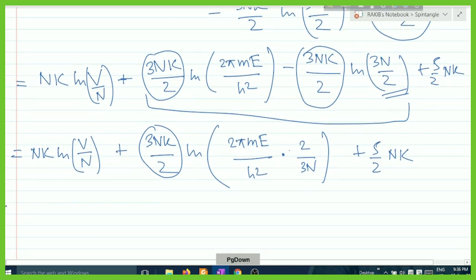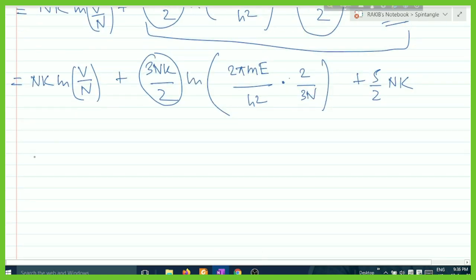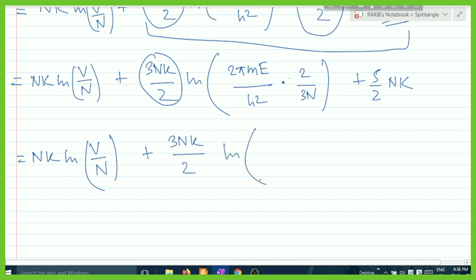Okay, now what we have to do, we have to put this thing out here. Nk ln v by n is here, plus 3nk by 2 ln. What can we put in this place? We can put this energy term. This is energy.